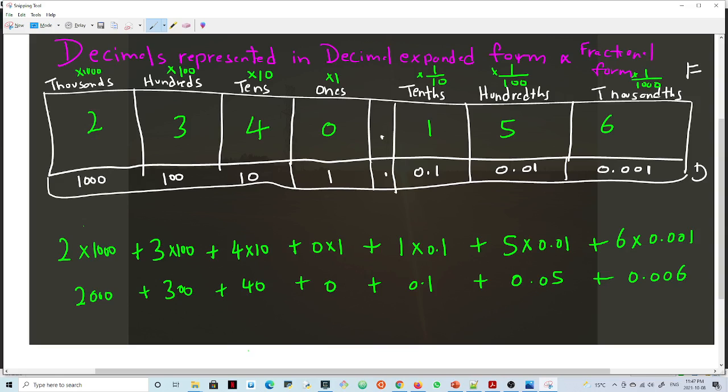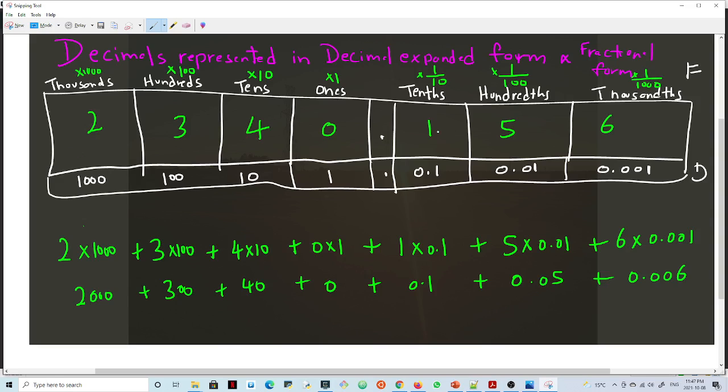Of course, you can take this now and place it in a calculator and get the number back, right? So look at the table carefully. You simply can start from the decimal point. Going to the right, you go 10, 100, 1,000, and to the left, it starts at 1, then 10, 100, 1,000.